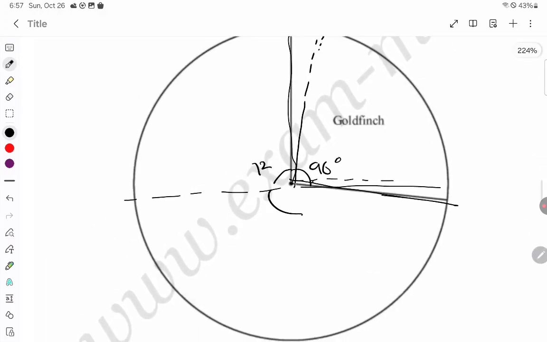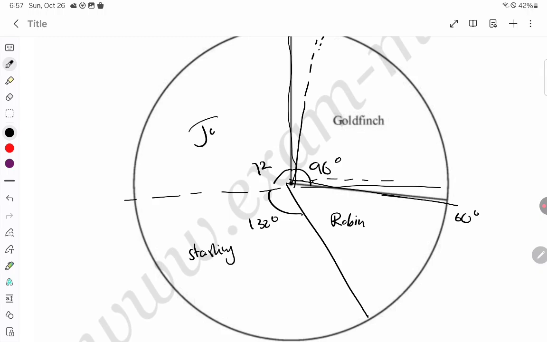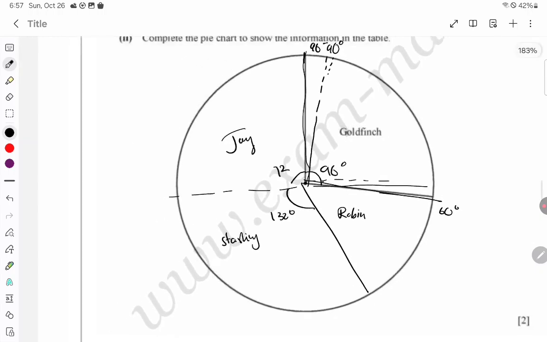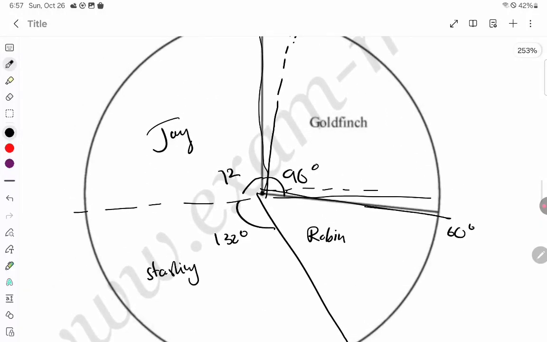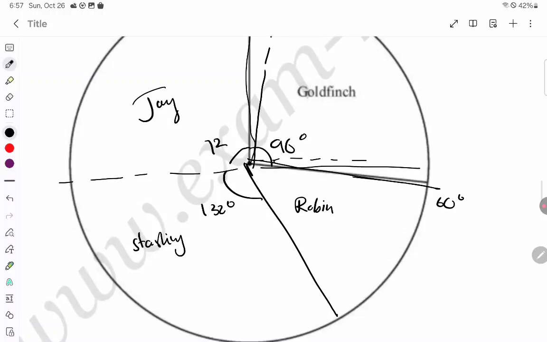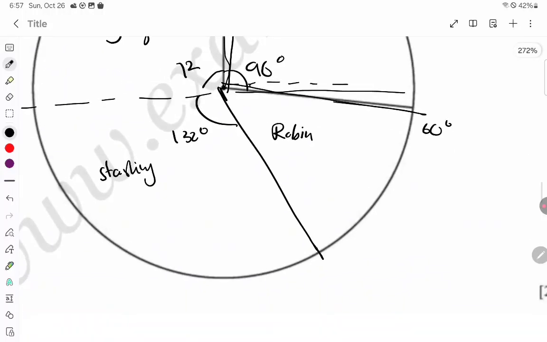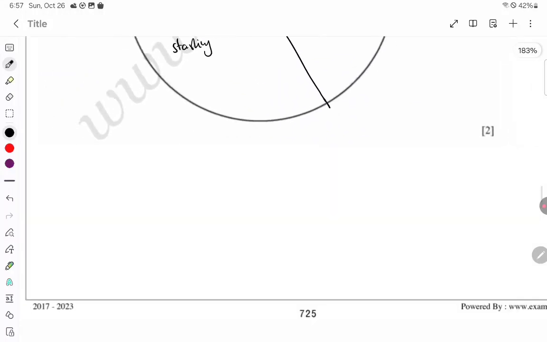This is somewhere our 132 degree, and this is 60 degree. For robin, starling, and the jay, you just have to place your protector carefully, and you can get the values of the rest of the 3 birds.